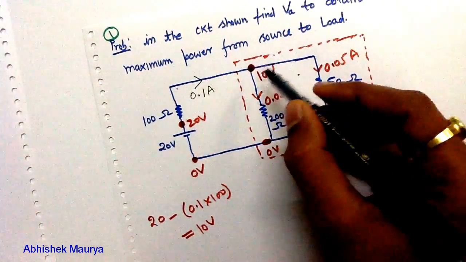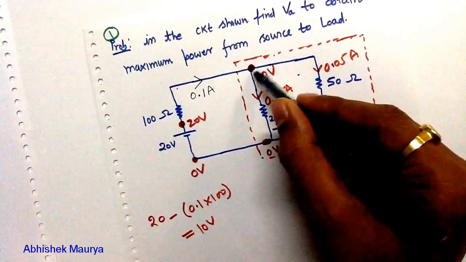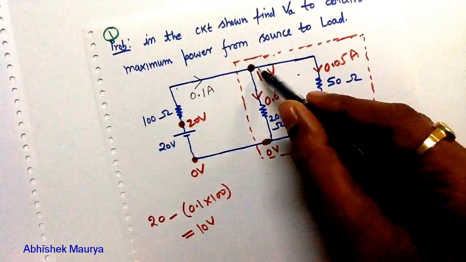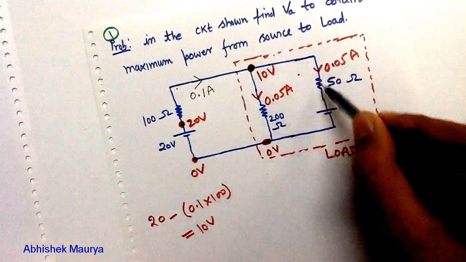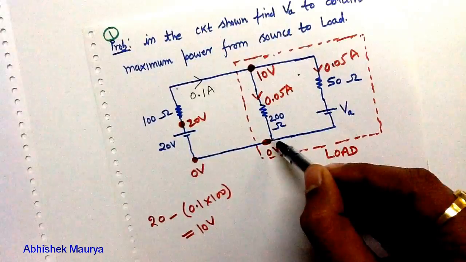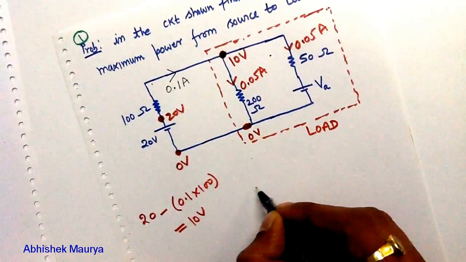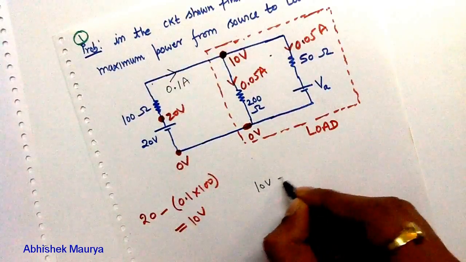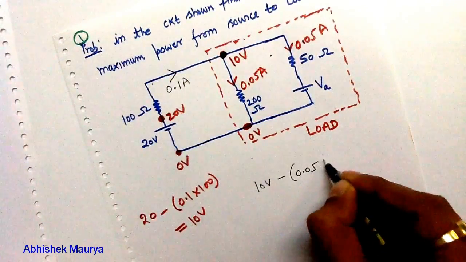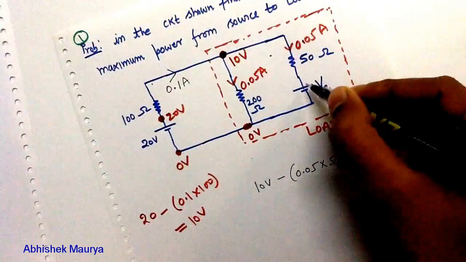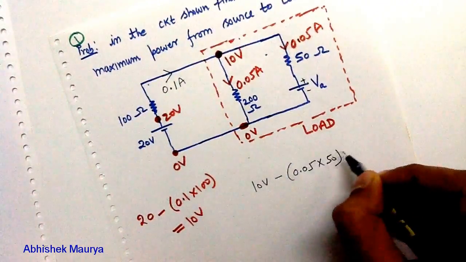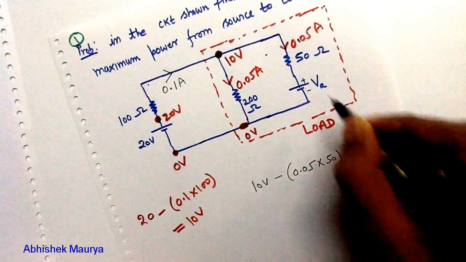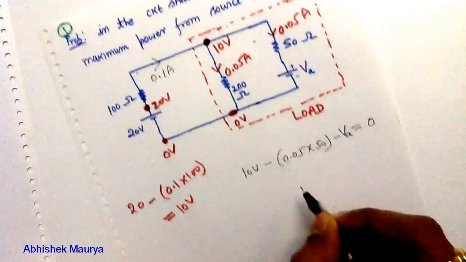If you apply KVL from this point to this point by following this path, then you will get the equation 10 volt. In the direction of current, the potential will decrease by I into R. From plus to minus, the potential will decrease by VA equals to 0 volt.